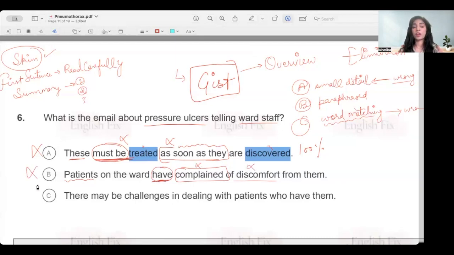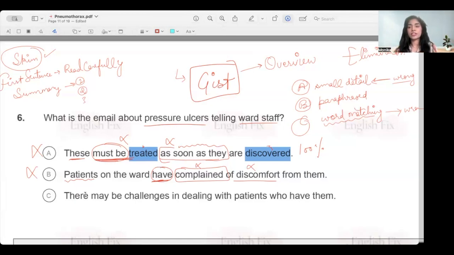A lot of students automatically would think this is the right answer because they would think that having discomfort from pressure ulcers is very common. I am a nurse, I am a doctor, I deal with patients who have pressure ulcers, and they talk about discomfort from them all the time. A lot of those students are going to forget that we have to find the answer from the text, not from their experience.